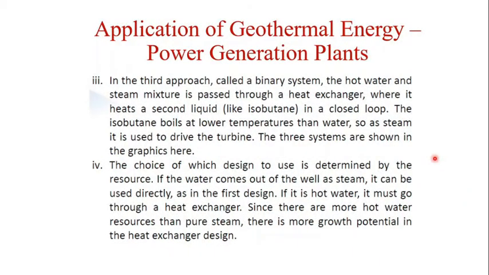In the third approach, called a binary system, the hot water and steam mixture is passed through a heat exchanger where it heats a second liquid in a closed loop. The isobutane boils at a lower temperature than water, so its steam is used to drive the turbine. The three systems are shown in the graphics.